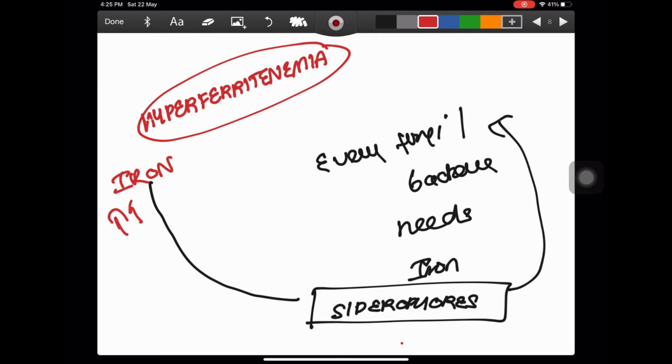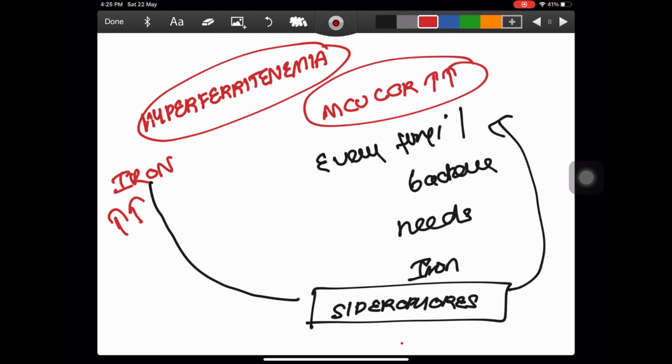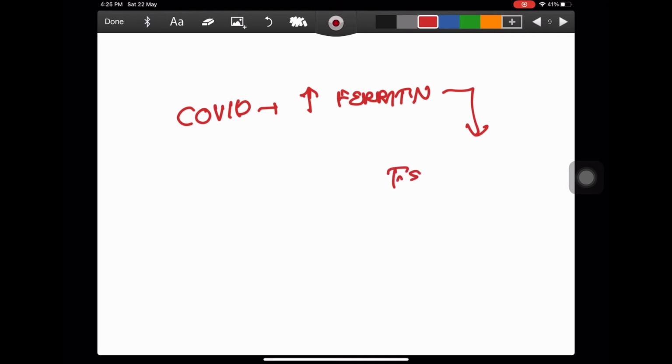So whenever there is increased iron, every fungus, especially mucor, loves it. So let's see this beautiful vicious cycle where COVID increases ferritin, and this ferritin actually forms a fertile soil for mucor. And COVID does not do this alone.